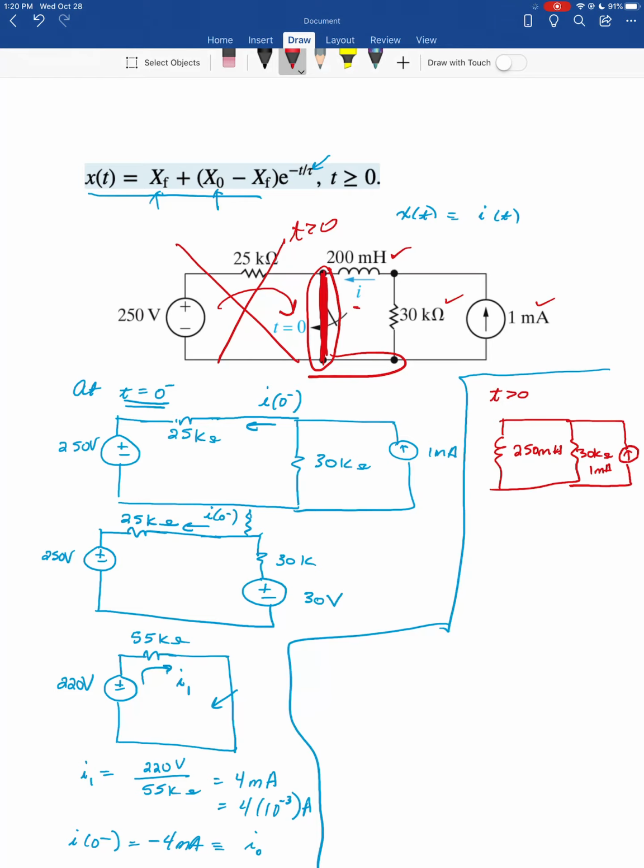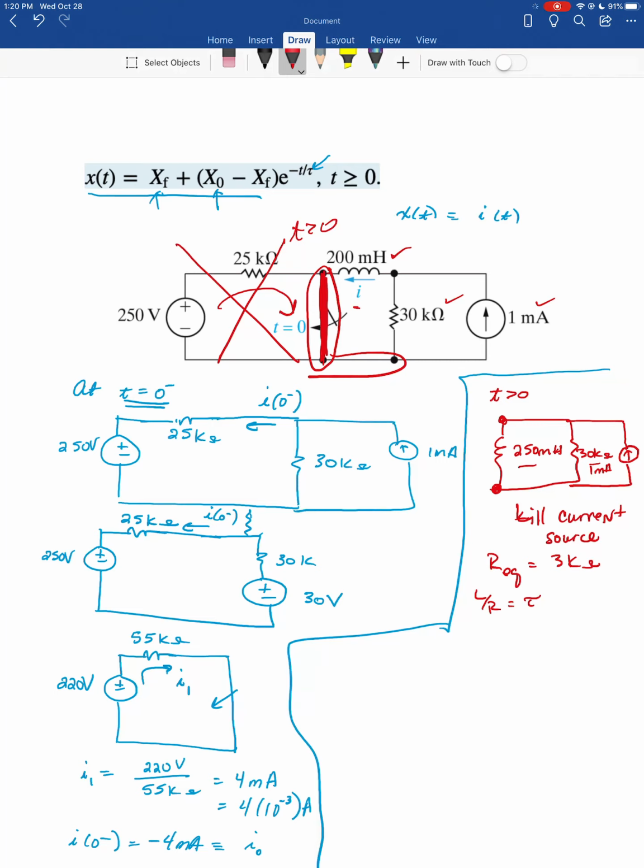So this is an all parallel circuit. So there's now a single inductor and a single resistor, and from the inductor's perspective, for t greater than 0, if we kill the current source, meaning we open circuit it, the inductor sees an R equivalent of 30 kilo ohms.